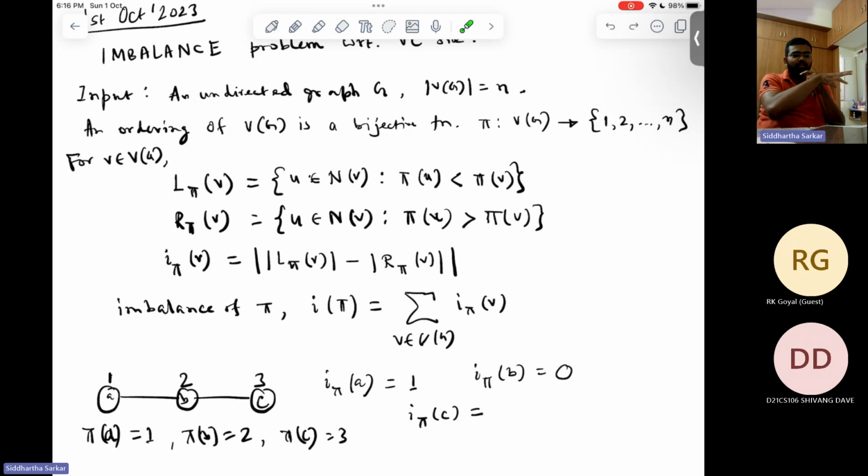Some of the vertices are strictly less, some are strictly more, and then you can do a count or a subtraction between the labels also. But I have no insight into why this is defined the way it is. Yes, this is the definition of the imbalance problem.